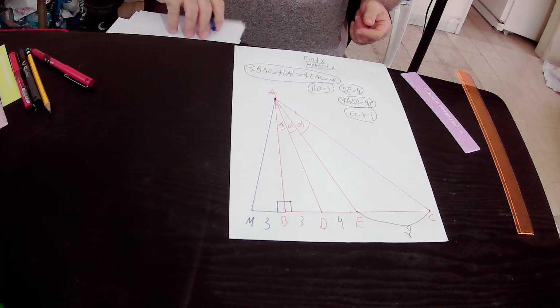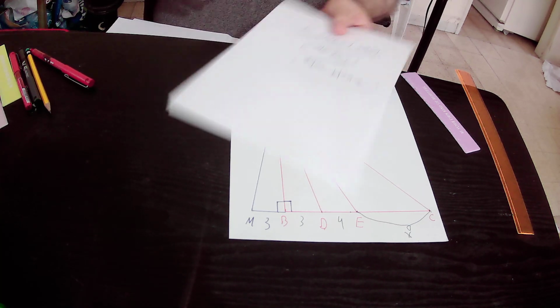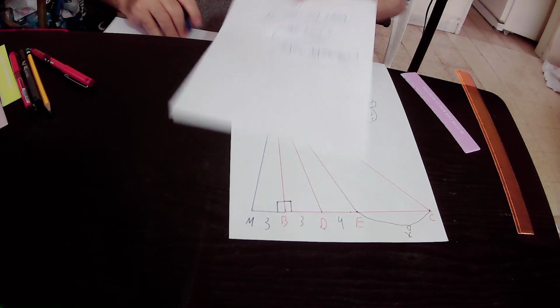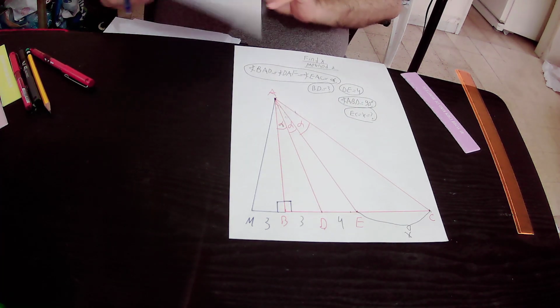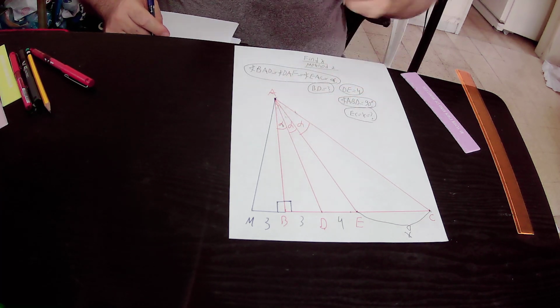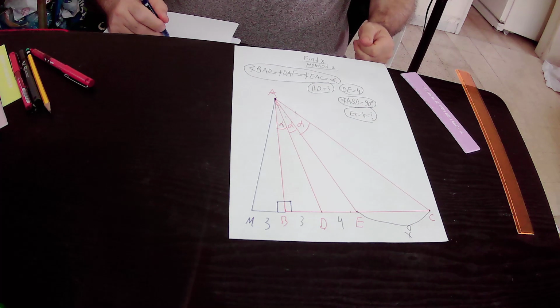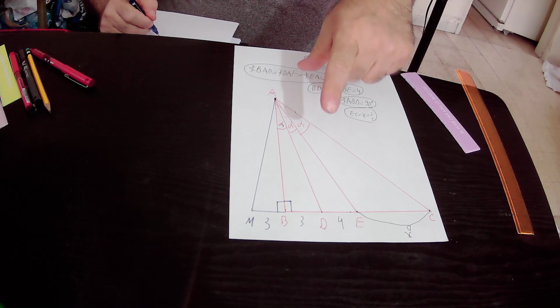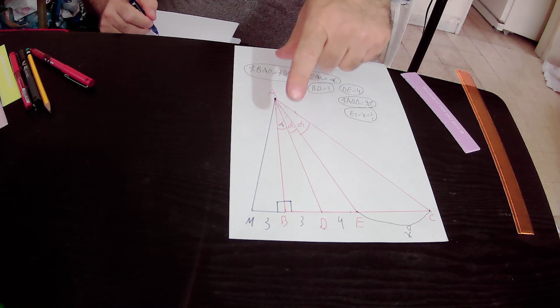Okay, we know that angle ABD equals angle ABM equals 90 degrees, and side AB is a common side. We can write down that AB equals AB. AB belongs to both triangles, to triangle ABD and to triangle ABM.